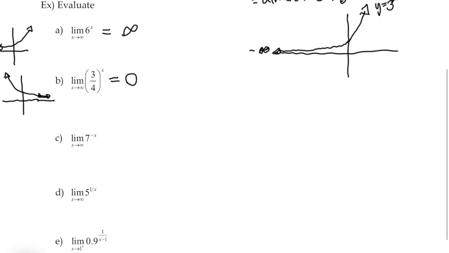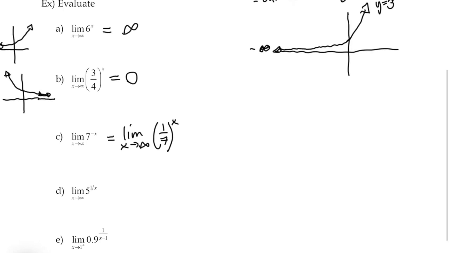The limit as x approaches infinity of 7 to the negative x is the same as the limit as x approaches infinity of 1 over 7 to the x. You always want to think in terms of a positive exponent. Again, the base is between 0 and 1, so this limit will also be 0.